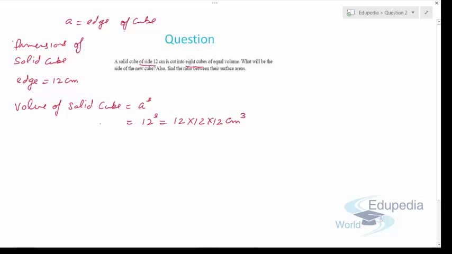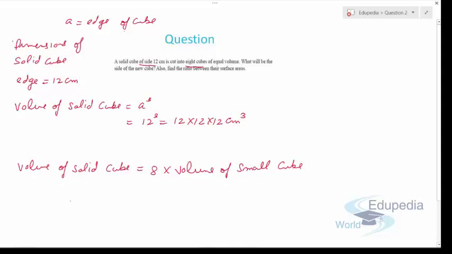Now this volume is cut into 8 equal cubes. First of all, we need to write a formula. The volume of the solid cube will be equal to 8 times the volume of the small cube.